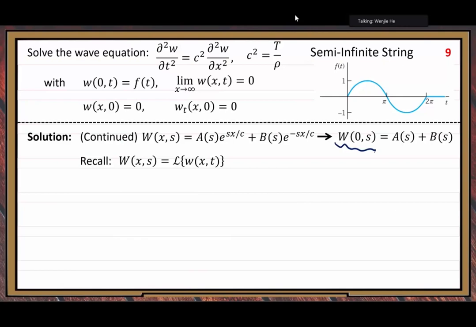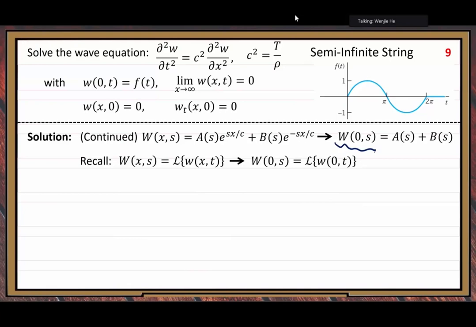Because when we do the Laplace transform, we treat x as a constant, right? Here the constant is 0. So now let's do that simple calculation. Plug in 0, constant, no problem.